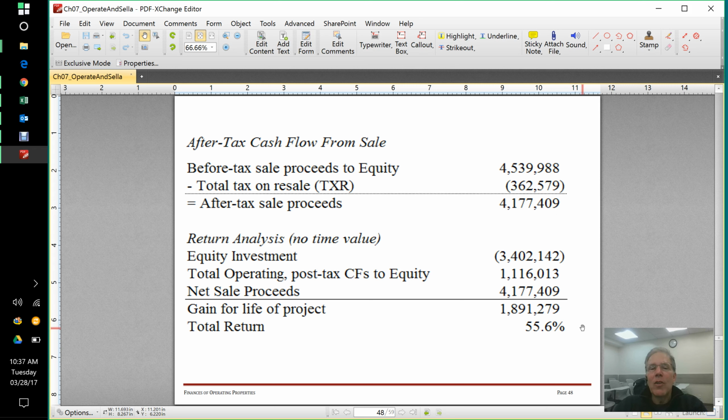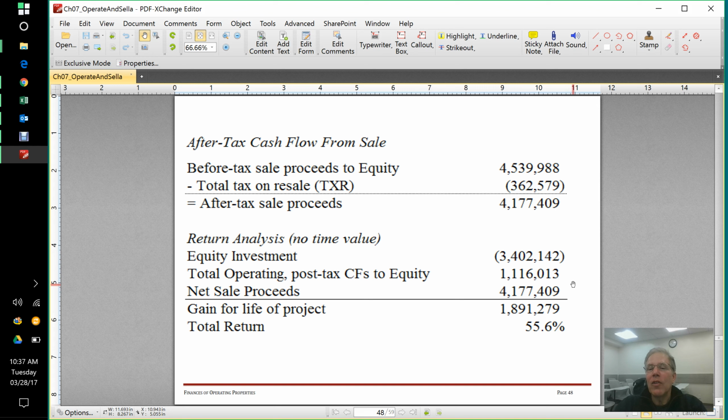So first thing we do is get the gain, okay? And what's the gain going to include? It's going to include the net sale proceeds, but it's also going to include what we've got in this line here, the total operating cash flows to equity, right?